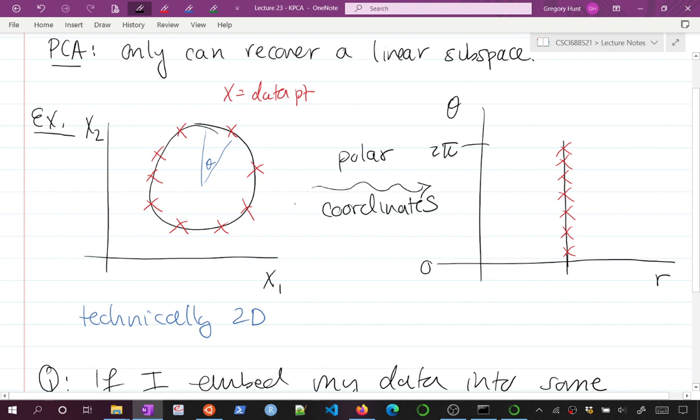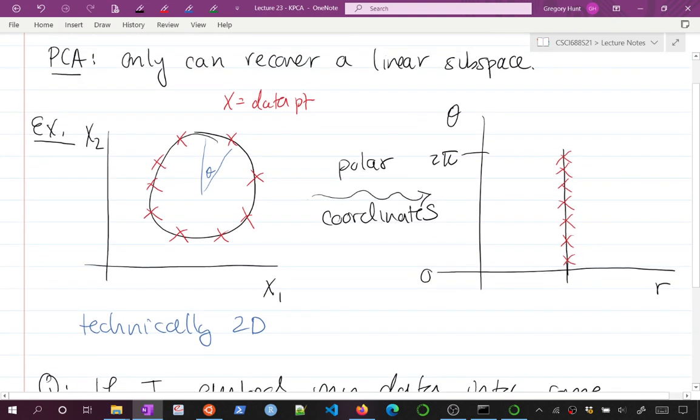Because I picked a polar coordinate transformation, I can learn circles or ellipses or other things like that. So I basically learned this circular subspace in my data by first embedding it with a nonlinear transformation and then doing dimensionality reduction on that.